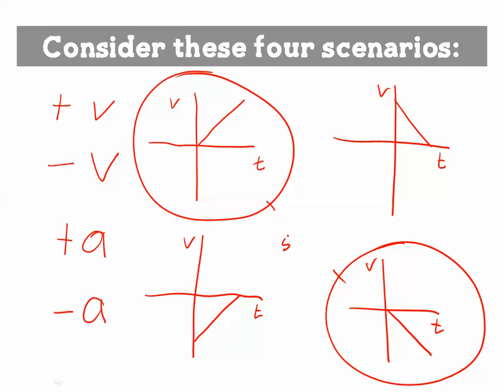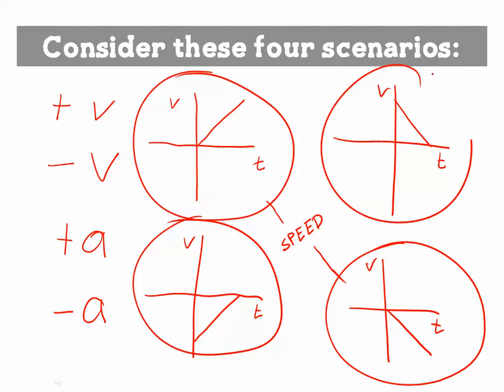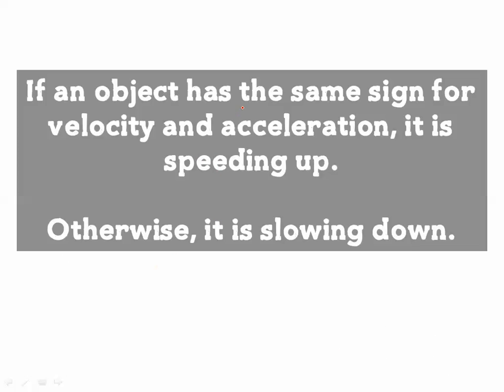So when I have the signs of my speed or my velocity and my acceleration consistent, meaning they're the same, then that tells me I'm speeding up. For the other two examples, since the signs of velocity and acceleration are opposite, that means that they are slowing down. That's just a general rule you can remember. If an object has the same sign for velocity and acceleration, that indicates it's speeding up. I'm sorry about the confusion in the last video there. I got a little tied up there for whatever reason.